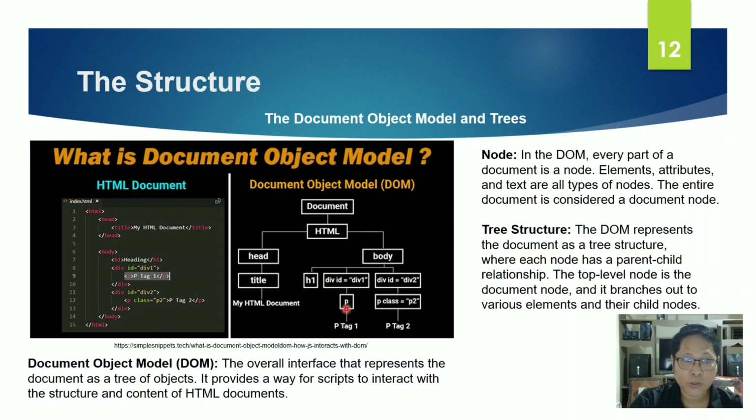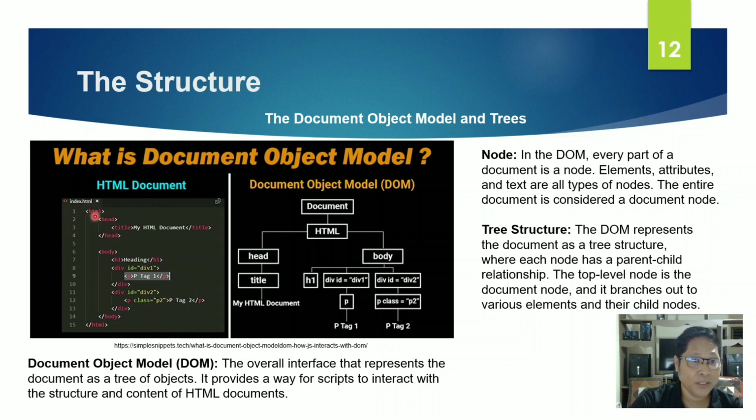And we also have the paragraph here, paragraph 1. This paragraph here is the child of div1, and paragraph 2 is the child also of div2. So all of these elements here are the grandchildren of the document.